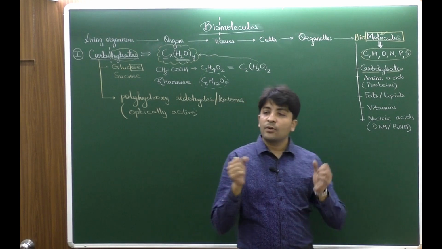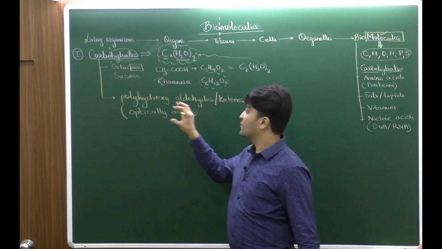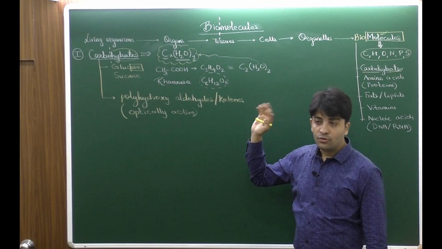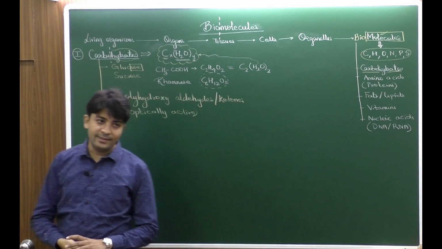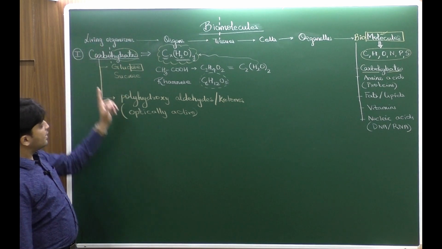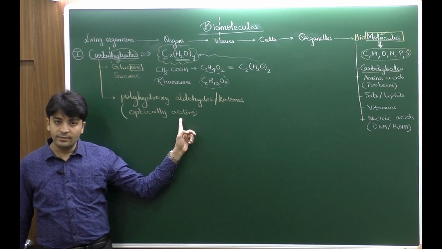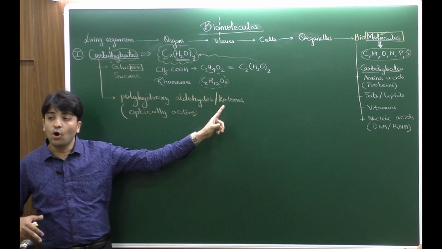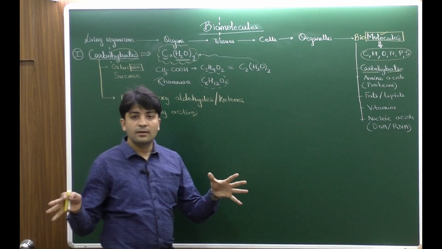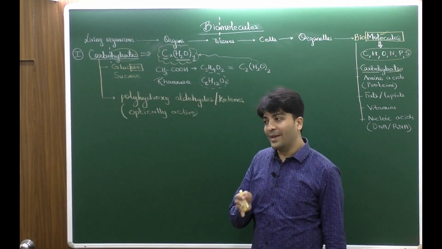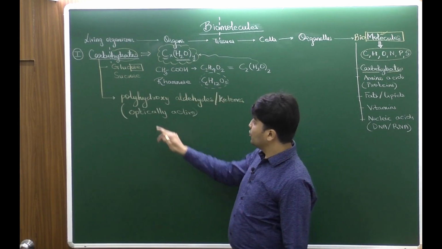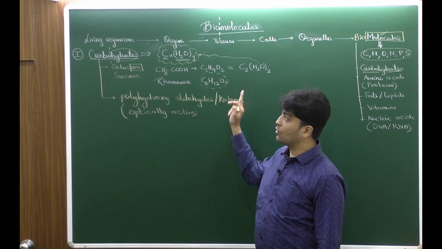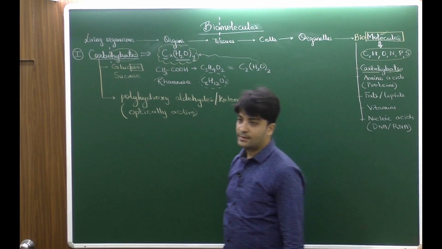And the complex carbohydrates can be broken down to give such molecules of polyhydroxy aldehydes or ketones. So the new definition of carbohydrate is: carbohydrates are optically active polyhydroxy aldehydes or ketones, or the compounds which on hydrolysis, that is breaking down using water, produce these compounds of polyhydroxy aldehyde or ketone are called carbohydrates.